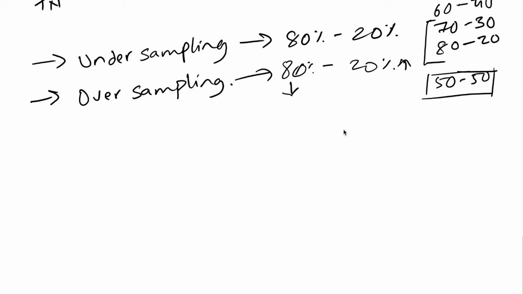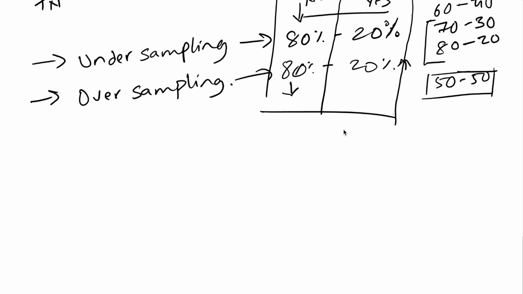And with undersampling, what you're doing is that you are decreasing your number of rows, so that you can increase your number of yes. So let me just put it this way. Perfect. So that's done. Okay, so that was undersampling, that was oversampling.